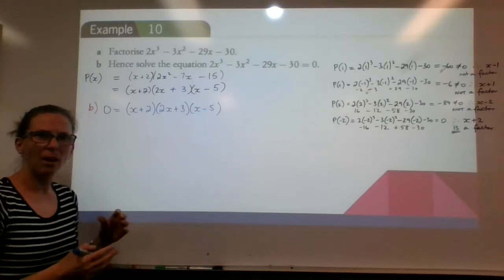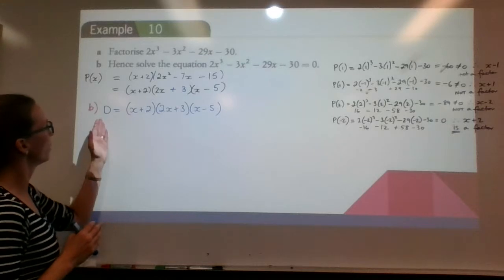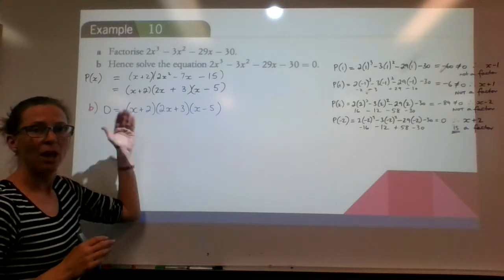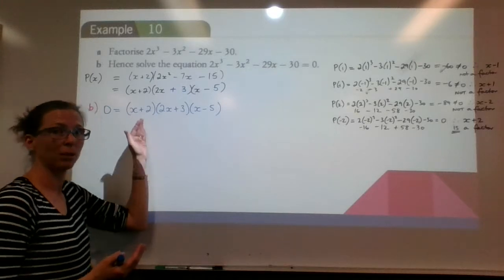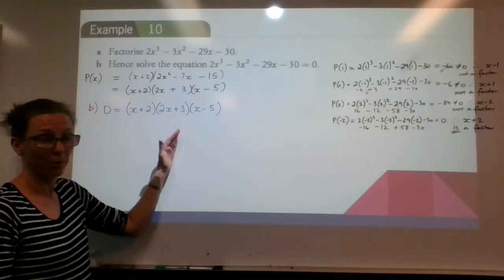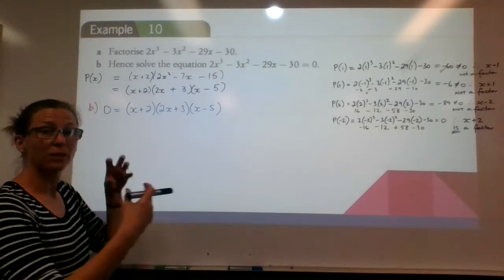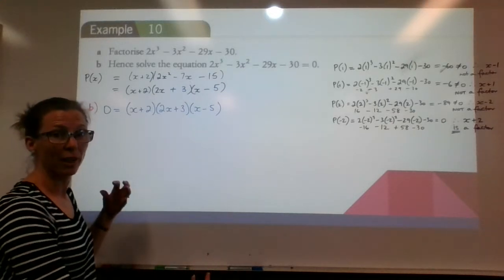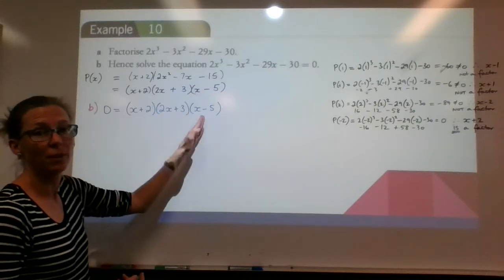Now if I go back to quadratics, I remember that if 0 equals a factor times a factor, then according to my null factor law, either the first factor is 0 or the second factor is 0 or they're both 0. So it's exactly the same. The null factor law just expands out to a third factor. So this is 0 or this is 0 or this is 0.